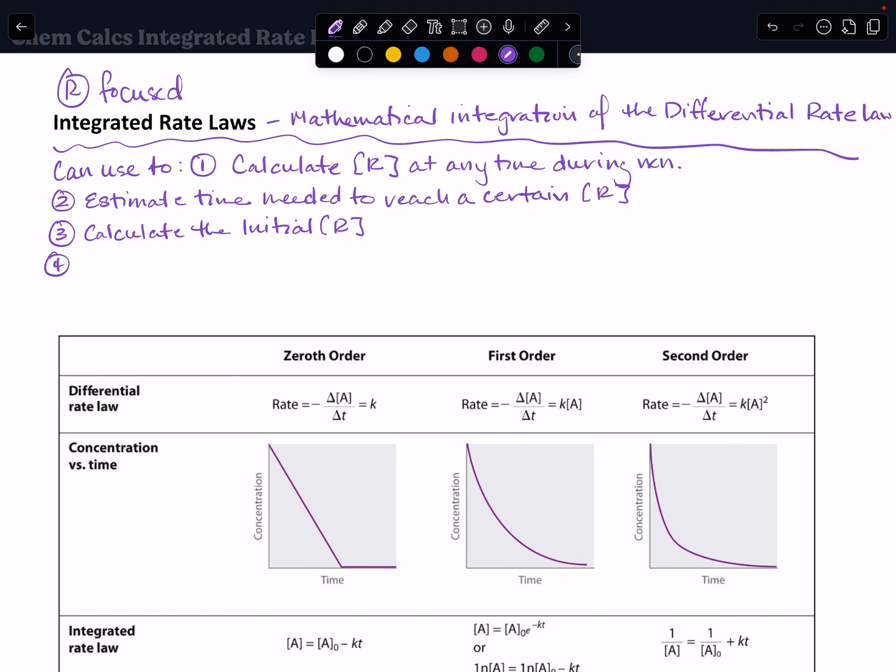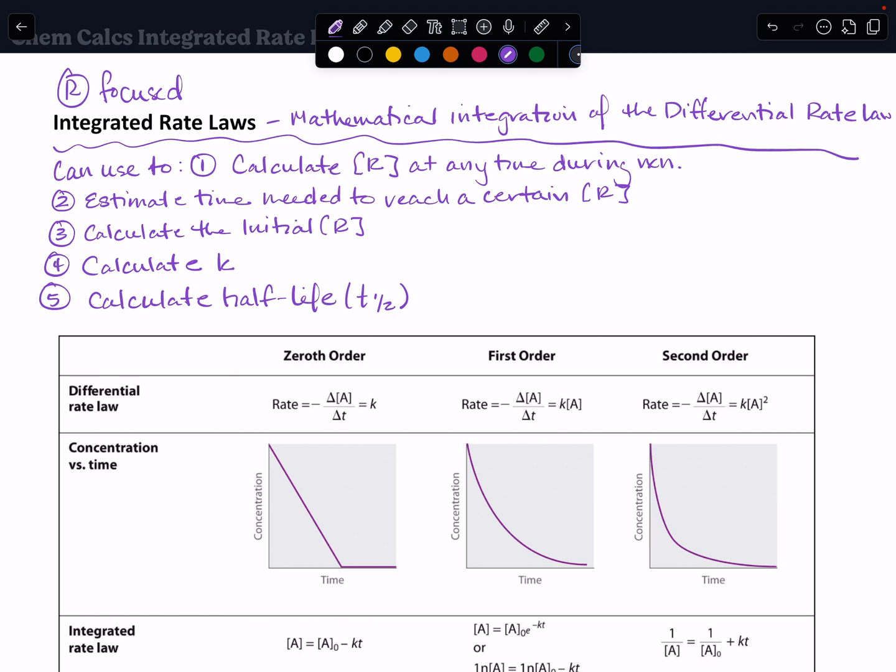I can also calculate my rate constant K. And finally, I can calculate the half-life of my reactant, which is called T1/2. All of those can be done with these integrated rate laws, which is very different than what you can do with the differential rate laws. So it's a very useful way to look at chemical kinetics.